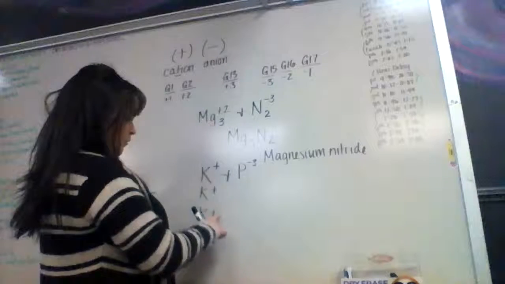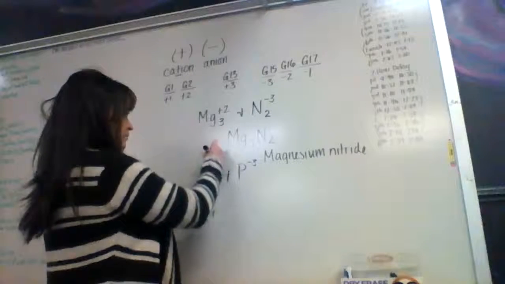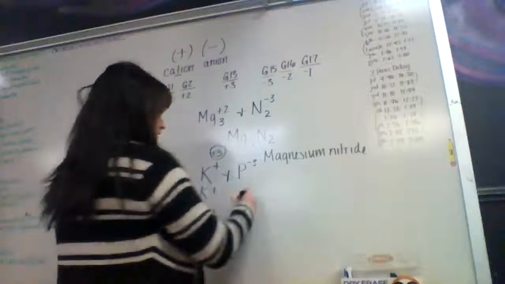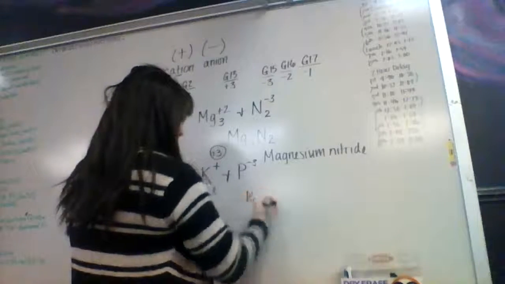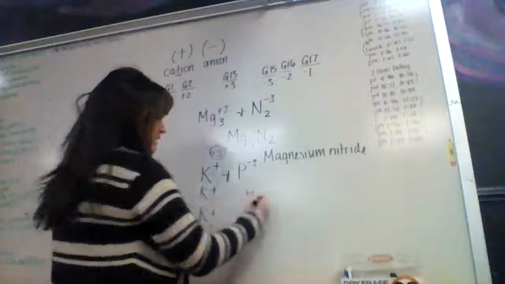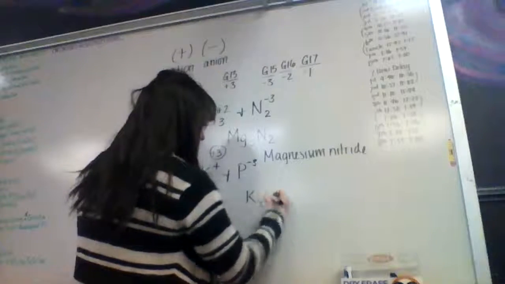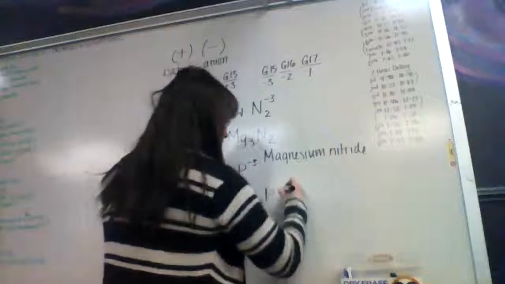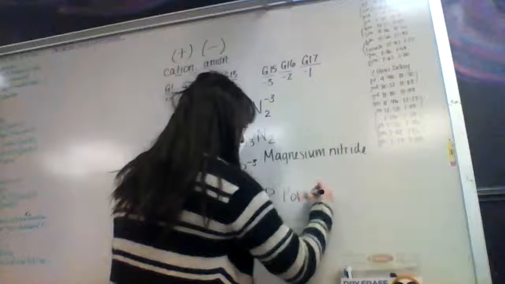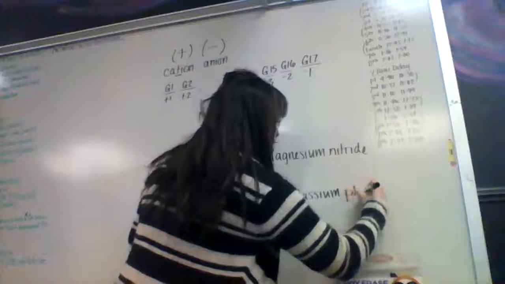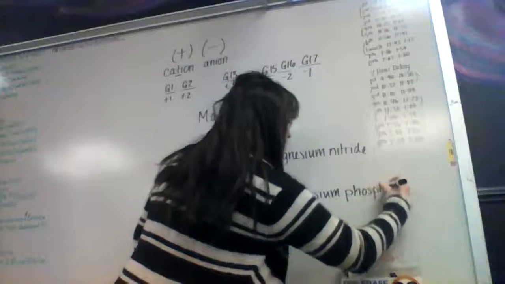So now we have 1, 2, 3. So altogether we have a positive 3 charge, and we have a negative 3 charge here. So for the chemical formula, you're just going to show how many you have of each one. So we have K3, and then we just have 1 phosphorus, which is a P. The name of that would be potassium phosphide instead of phosphorus.